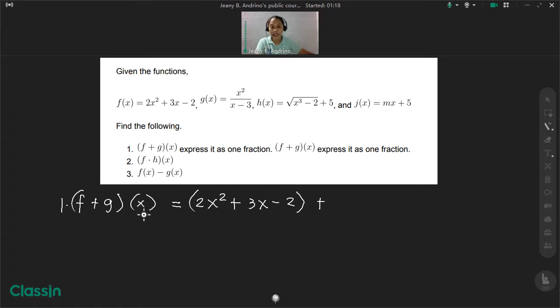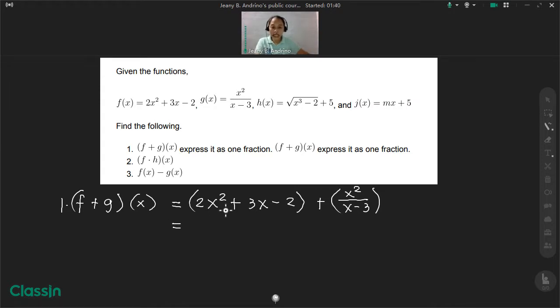That means we're adding. And then we have our g of x, which is x squared over x minus 3. Let me just put this one in a parenthesis. And then we go for simplifying.